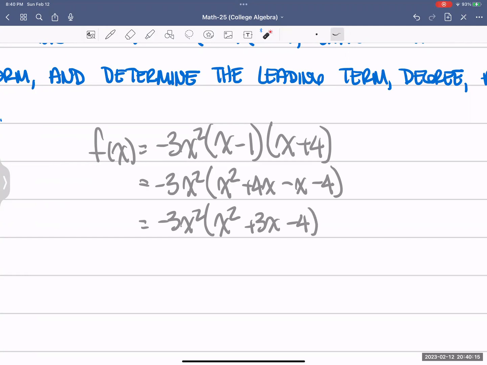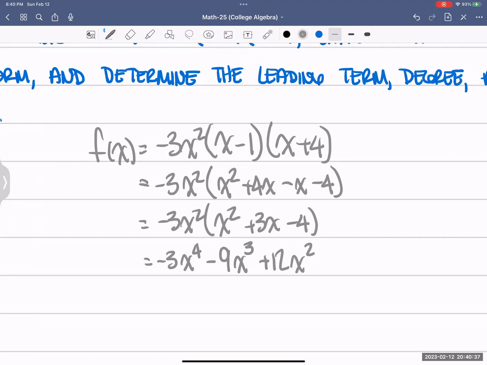And now we could expand by distributing this to all three terms there, leaving us at -3x⁴ − 9x³ + 12x².